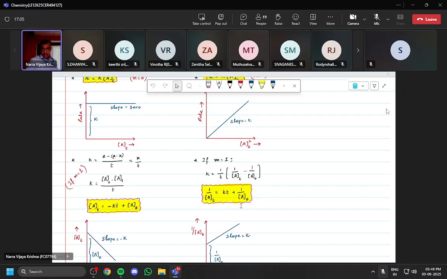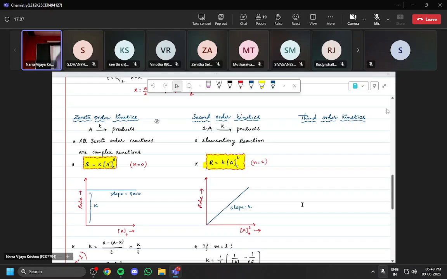Right, sir? Meanwhile, you solve these things. The third order kinetics, solve those things.